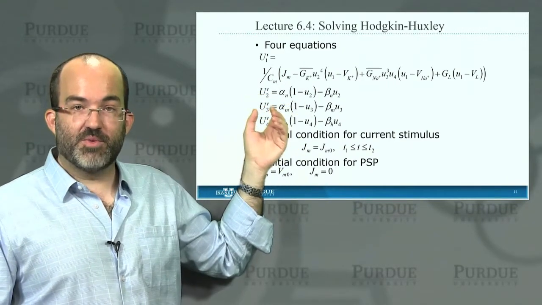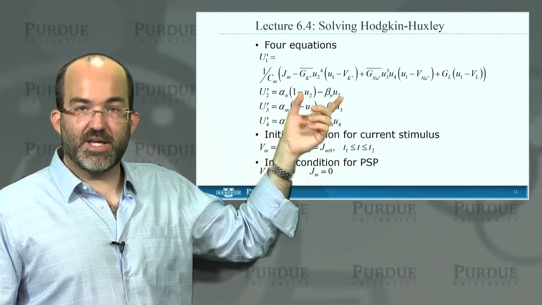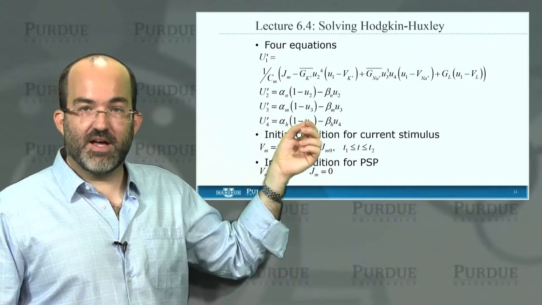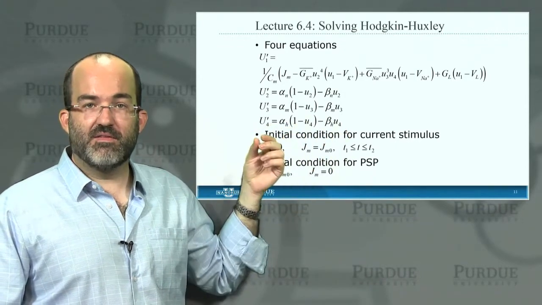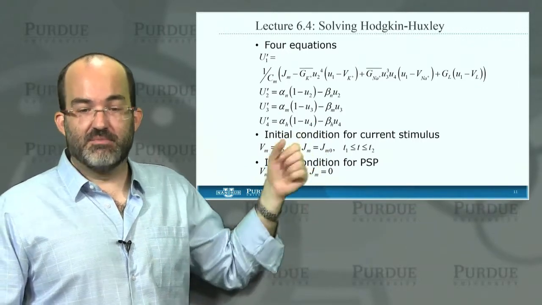Then U2 prime relates N to alpha N and beta N. U3 prime relates M to alpha M and beta M. U4 prime relates H to alpha H and beta H.